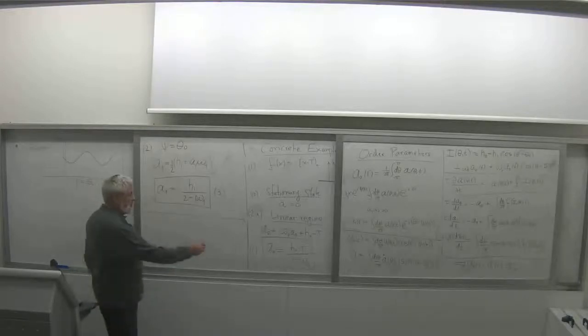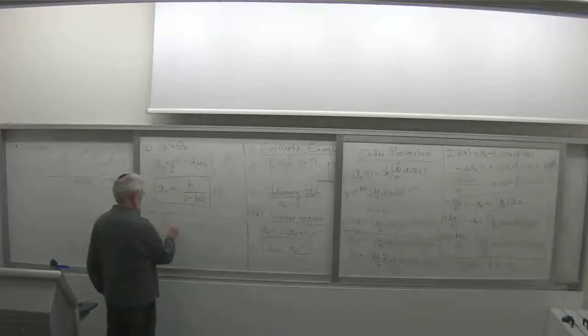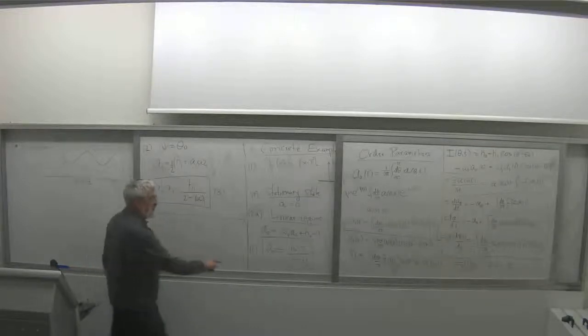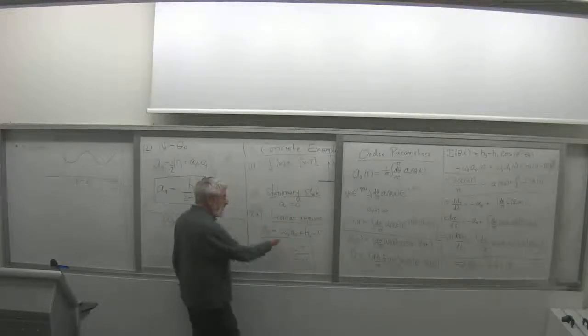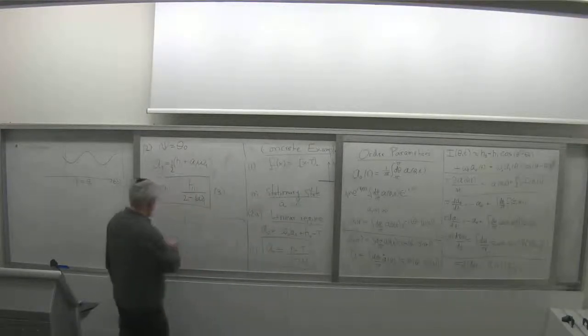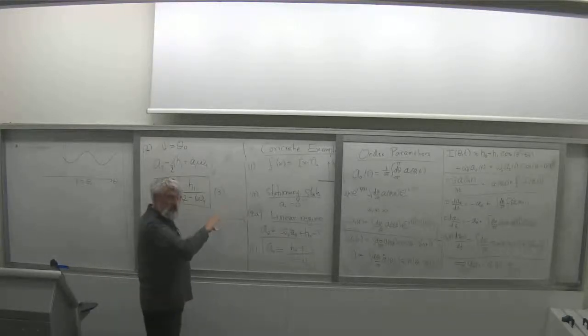So there are two potential instabilities. One is W0 being above 1. Okay? As W0 becomes 1, A0 diverges. In other words, if there is too much excitation, things blow up. And when W0 is above 1, the linear system becomes unstable.